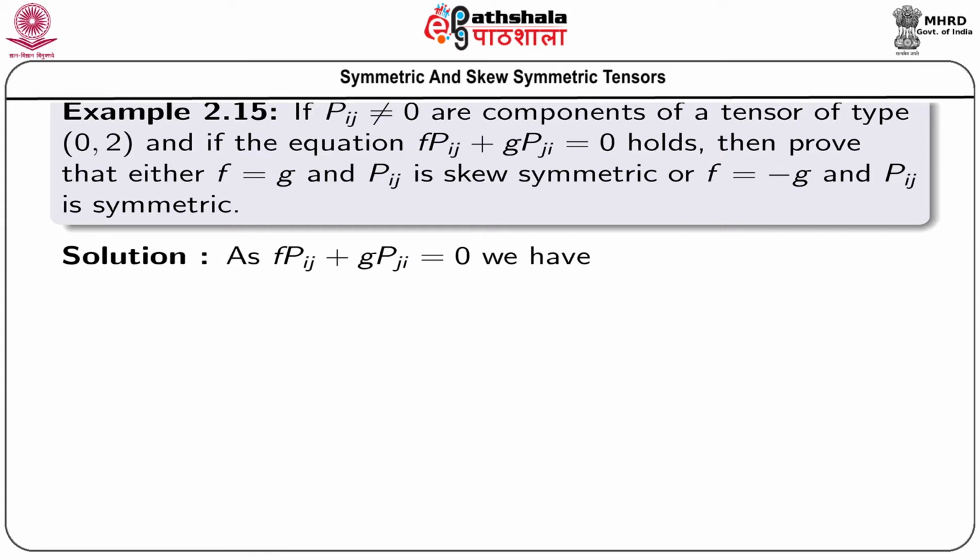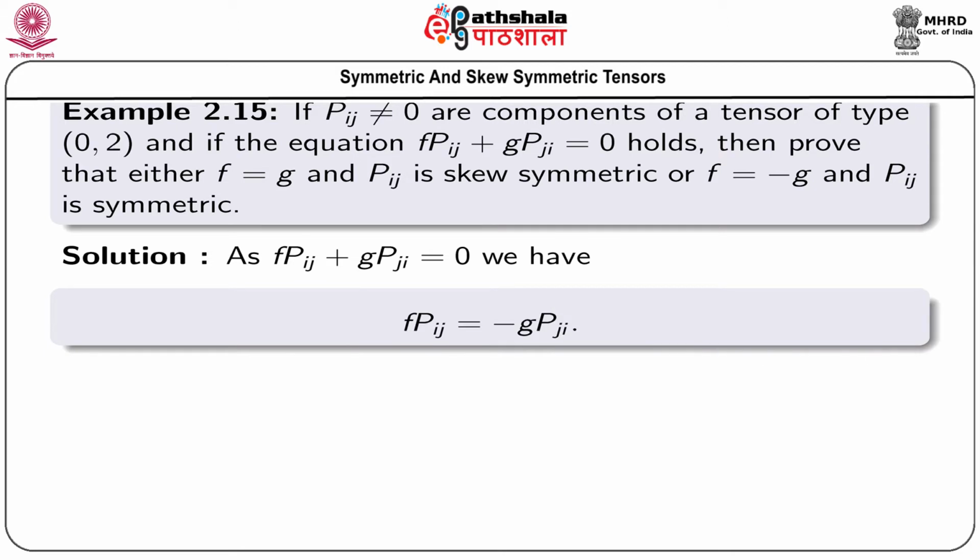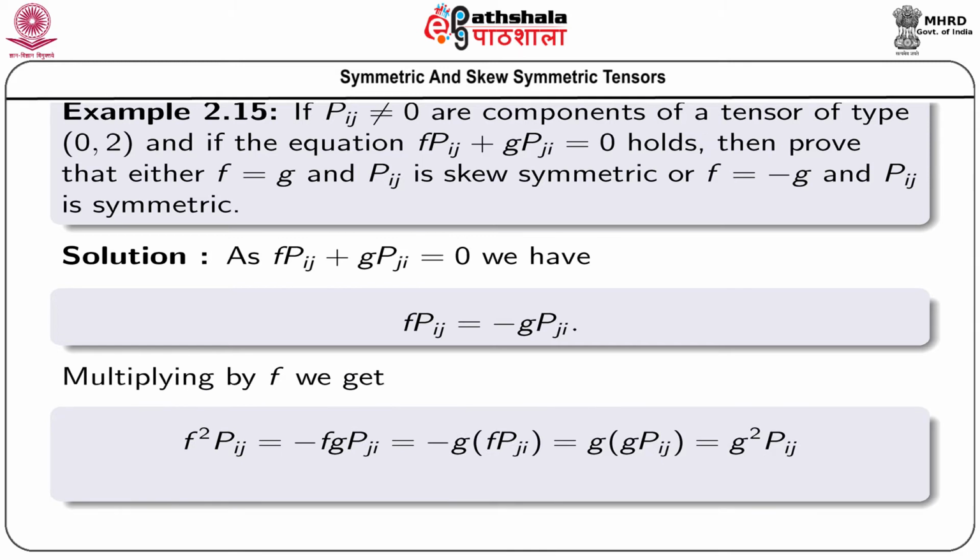Now, as f Pij plus g Pji equals 0 holds, we have f Pij equals minus g Pji, and multiplying by f, obviously we are taking f as non-zero, we get f square Pij equals minus f g Pji, which can be written as g times f Pji, and in place of f Pji we again put minus g Pij, that means g square Pij.